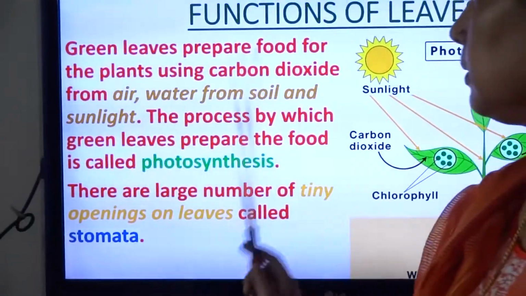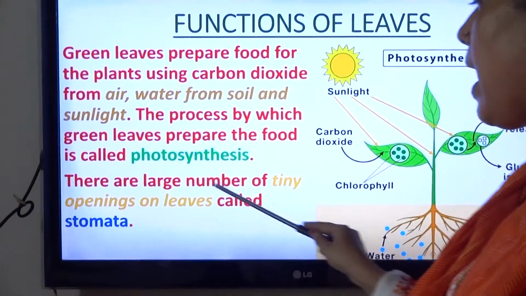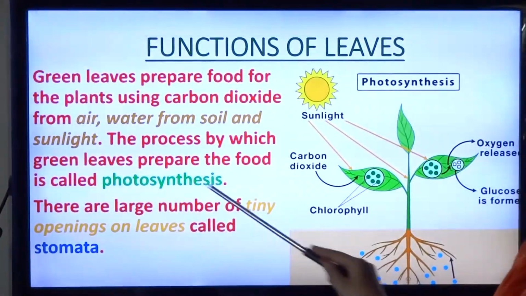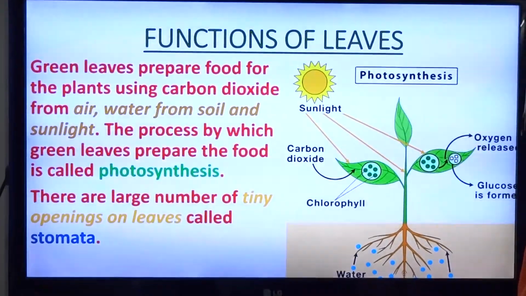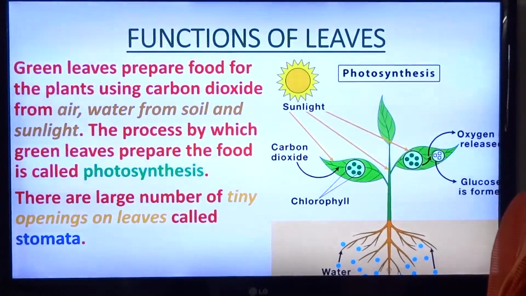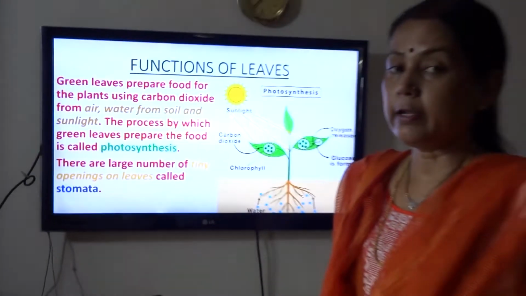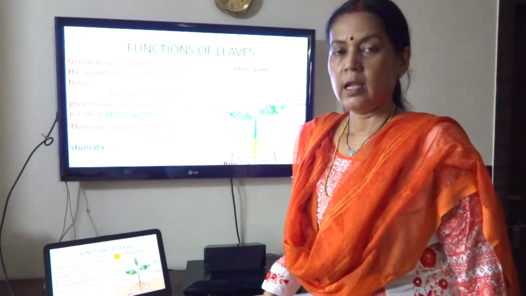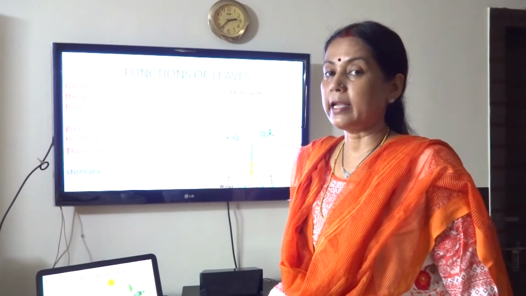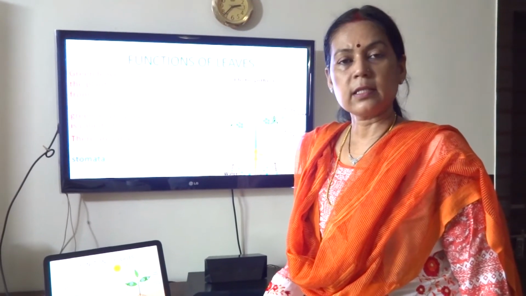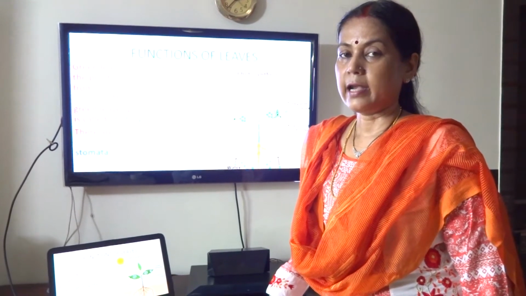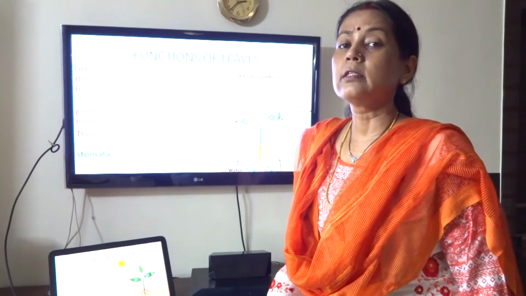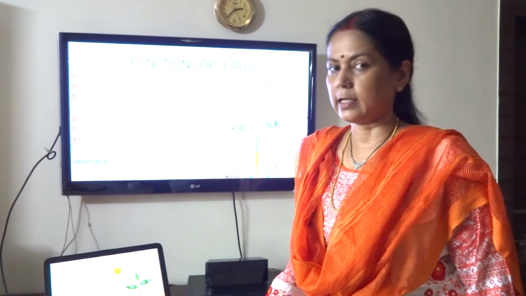And children, there are large number of tiny openings on leaves called stomata. Stomata help the leaves to breathe and helps in taking air, and this air helps in photosynthesis, and in the air there is lots of carbon dioxide.